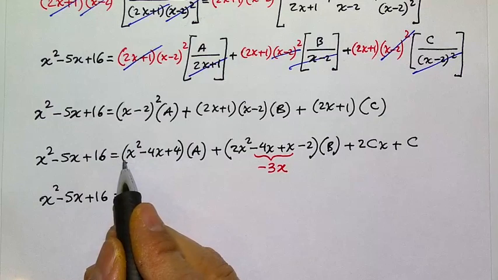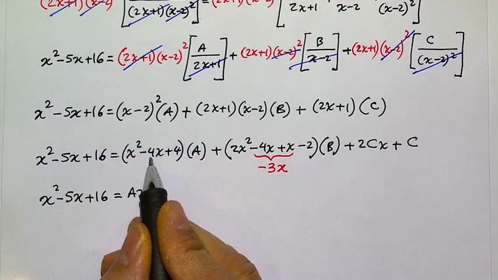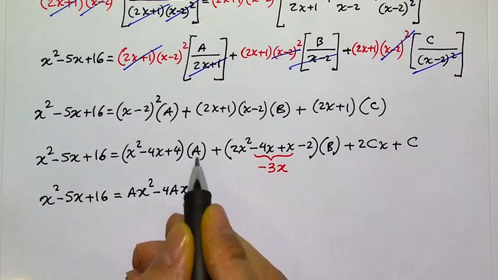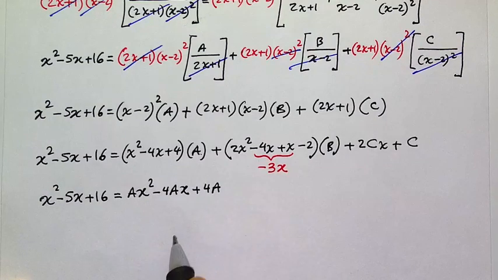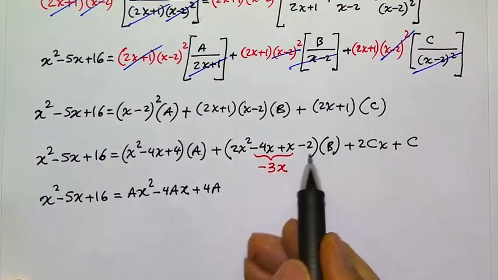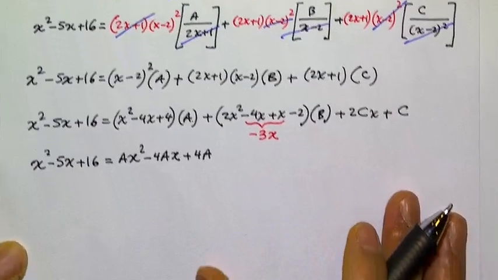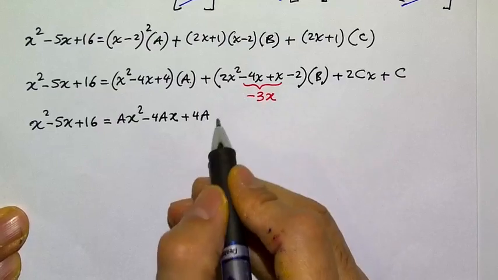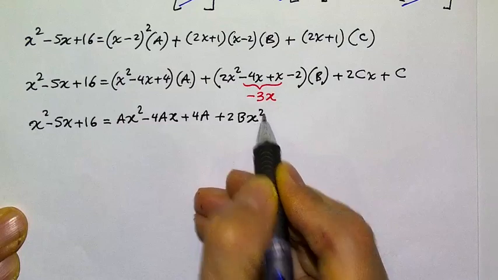So a times x squared, we get ax squared. A times minus 4x, we get minus 4ax. A times 4, we get plus 4a, right? So now let's distribute b into everything here. B times 2x squared, we get plus 2bx squared.